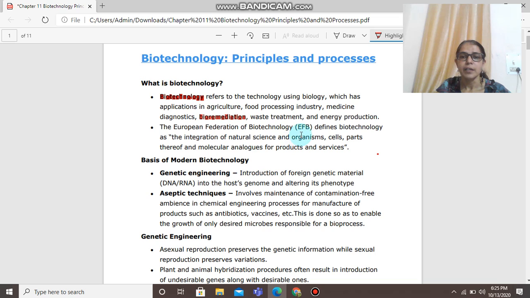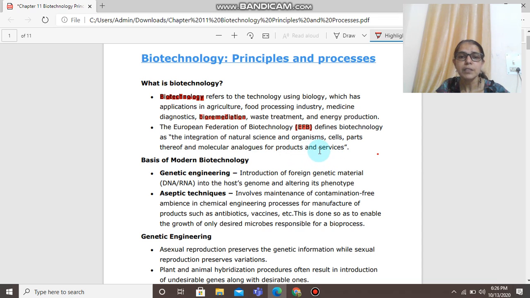Now moving further, EFB, as you can see. What does EFB mean? EFB is actually the European Federation of Biotechnology. They had provided the definition of biotechnology. What they said, that it is the integration of natural science and organism, cells, parts thereof and molecular analogues for the product and services.